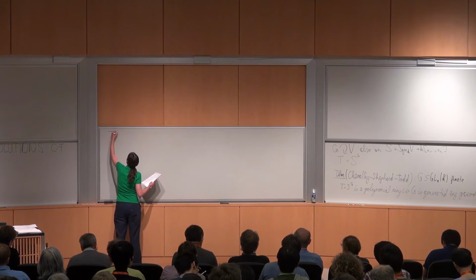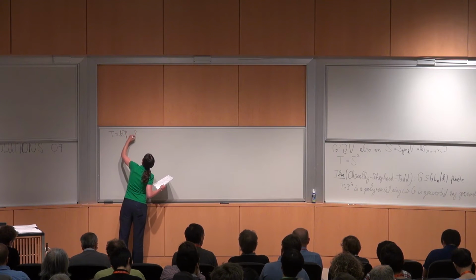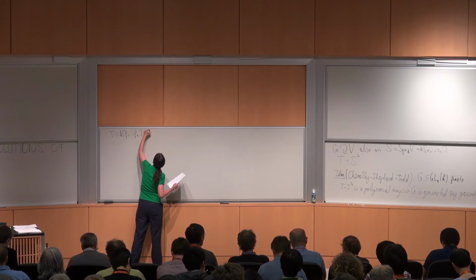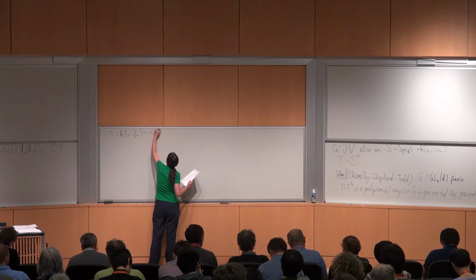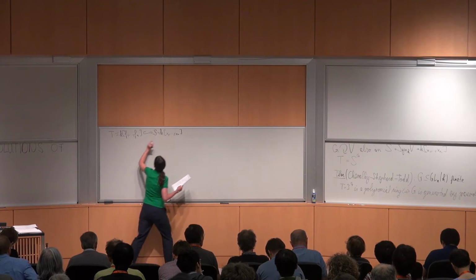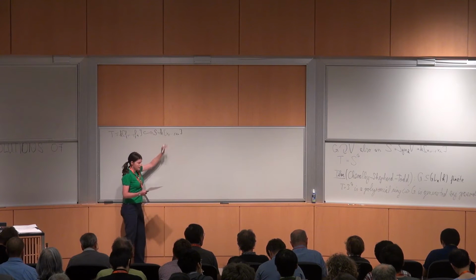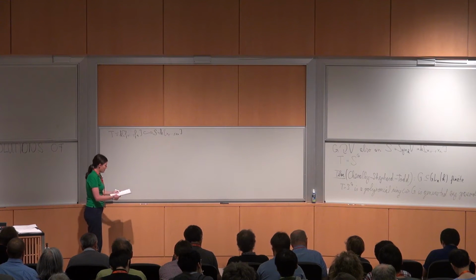So now we can consider T, which is isomorphic to a polynomial ring in f_1 up to f_n, contained in the ring S where the group acts. These f_i are the so-called basic invariants, and they are polynomials in the x_i.